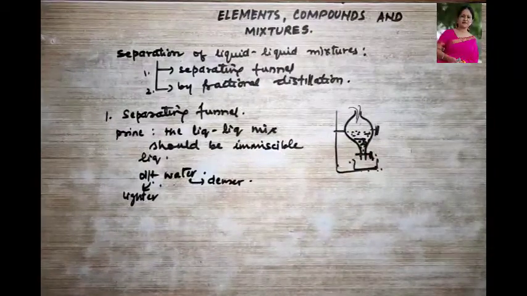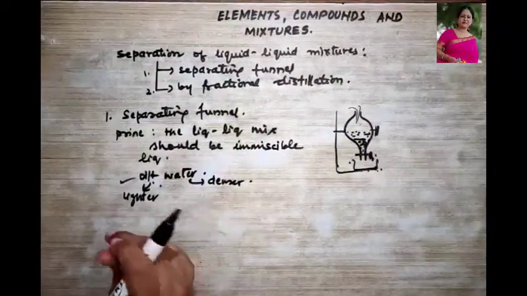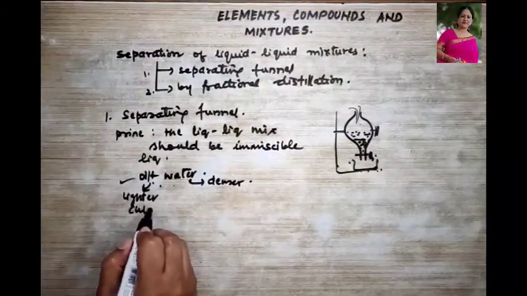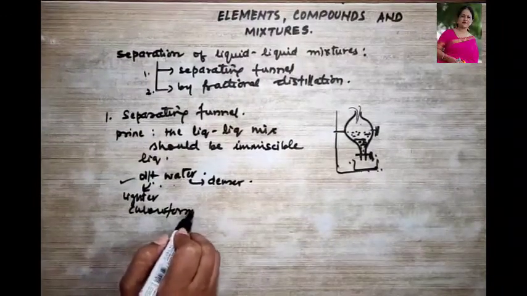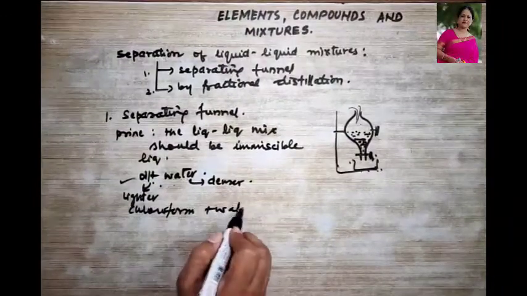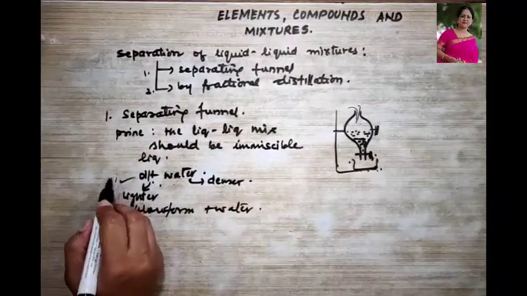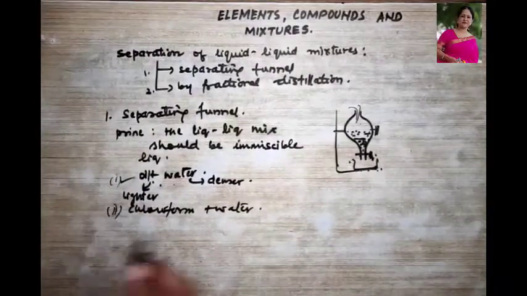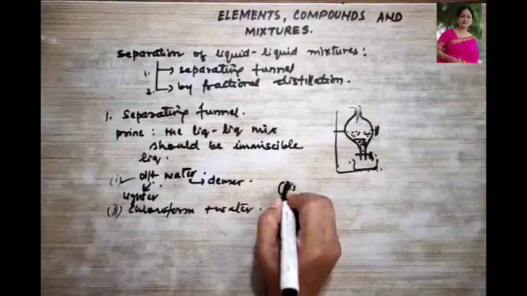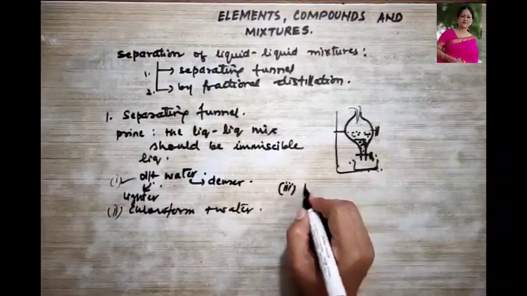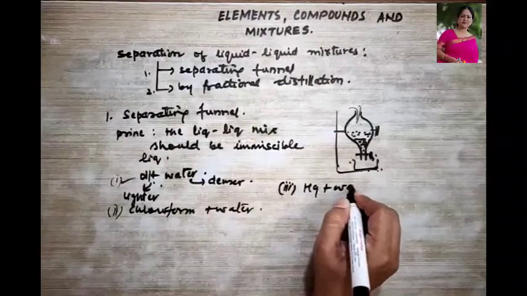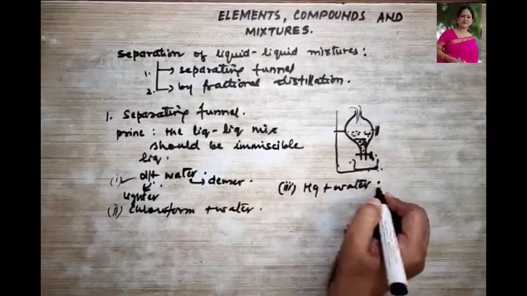Let's take a few examples, like I gave you oil plus water. Then you can even say chloroform plus water. Okay, this was the first example, this is the second example. Let's take a third example, like mercury with water.